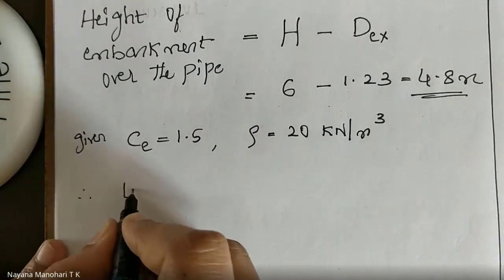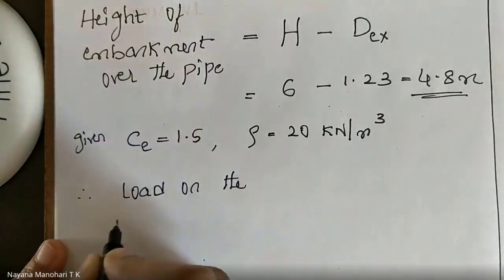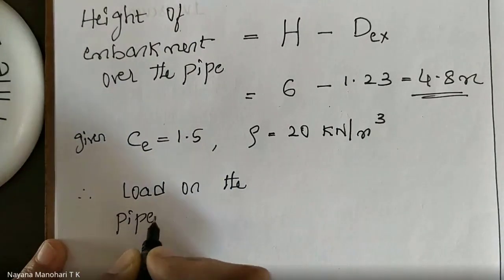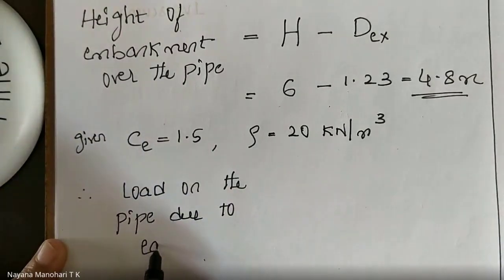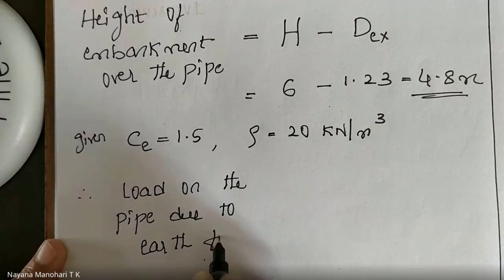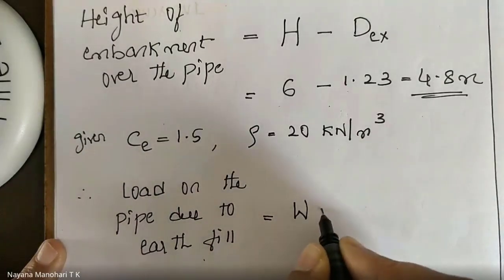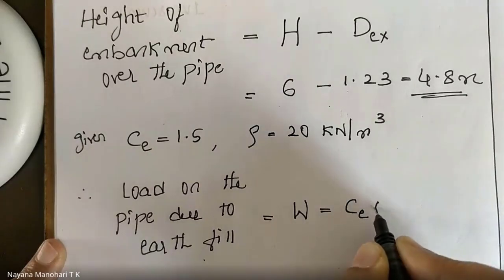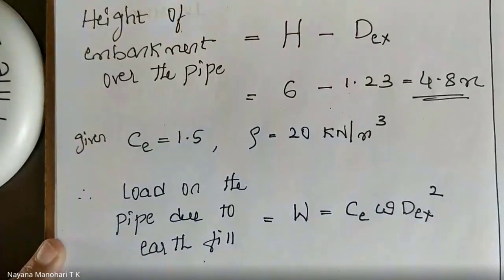Therefore, load on the pipe due to earth fill or the embankment is given by capital W equal to C into small w into external diameter square.